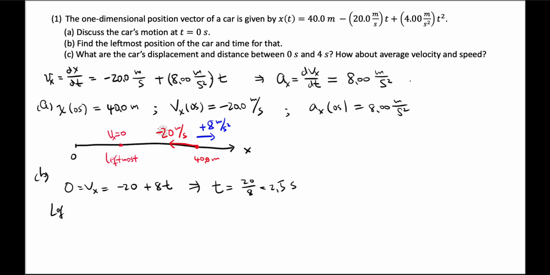So, the leftmost position, x_left, equals 40 minus 20 times 2.5, and then plus 4 times 2.5 squared, equals, so this number is 15 meters.